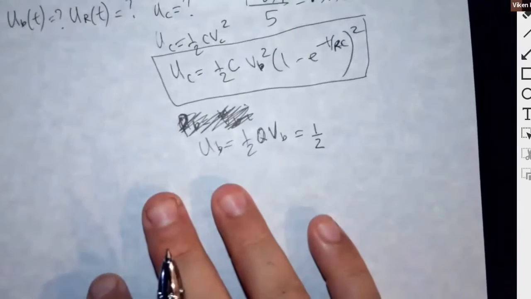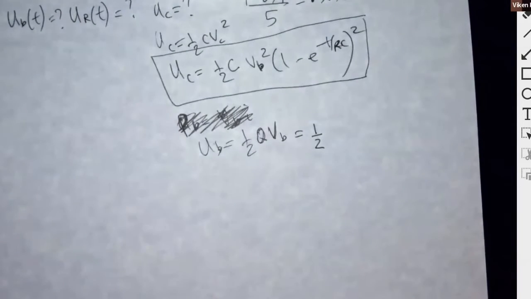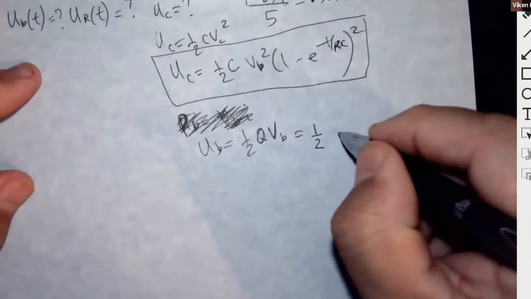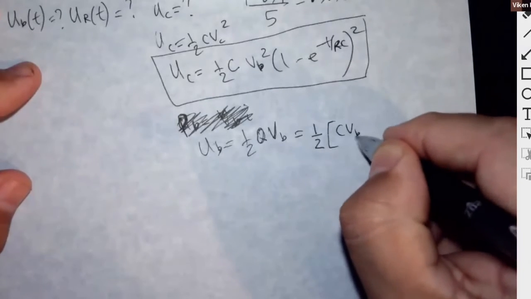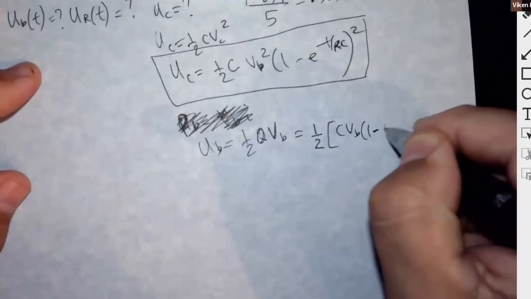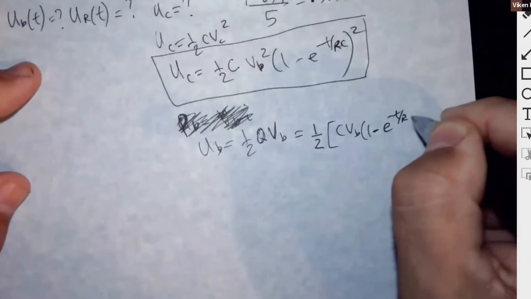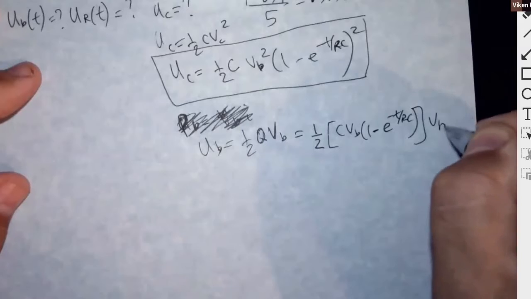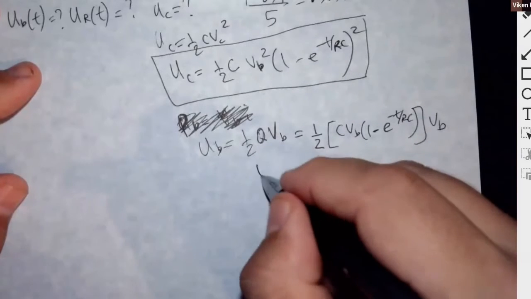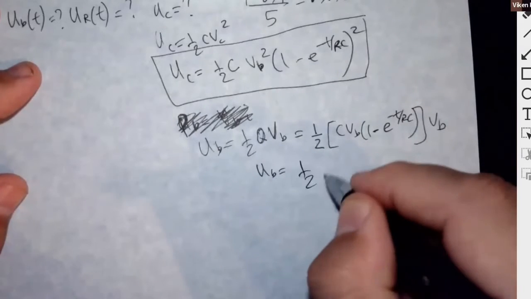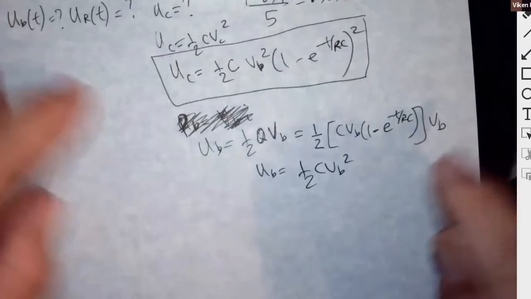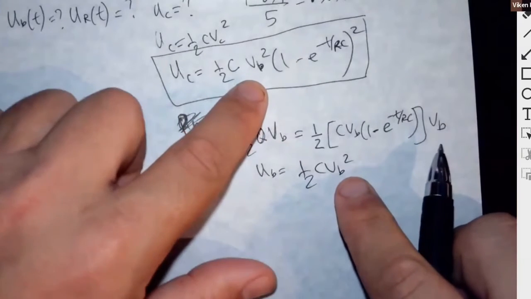It was on the other page. CVB (1 minus e to the minus t over RC) times VB. Yeah, that's it. Energy of the battery half CVB squared. So it kind of looks like this.